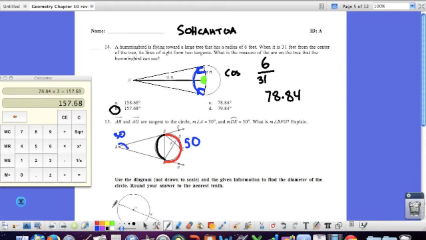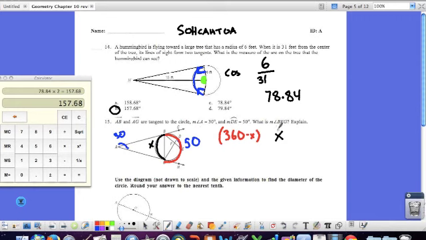So I decided I'm going to call this arc X, and I picked that really because that's also the arc that is intercepted by angle BFG, which is what I eventually want to find. So if that is X, and the whole thing is going to be 360, then the red arc is going to be 360 minus x.